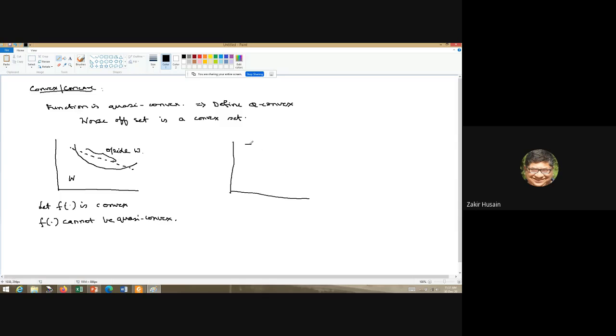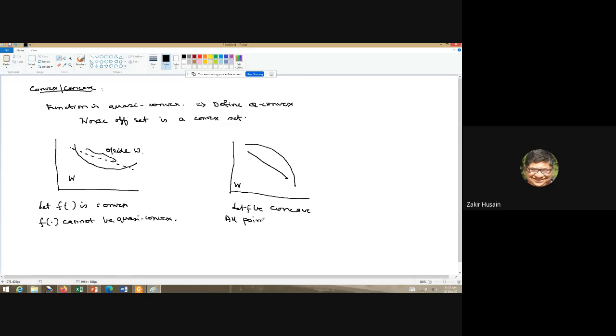So what is the other alternative? The function is concave. Sorry, I have not put it. In that case, if this is the inverse set, we take any 2 points and if we connect them, the line is within the set.